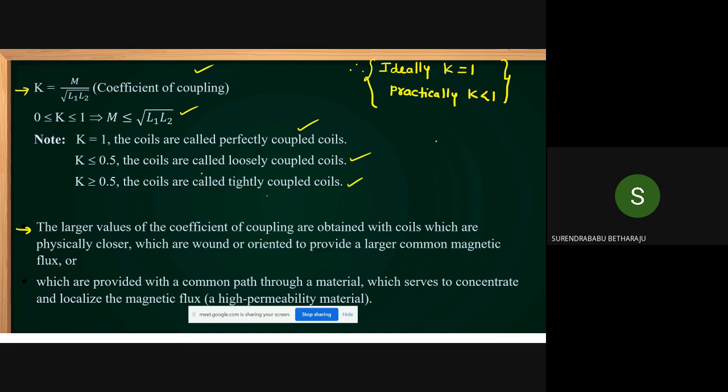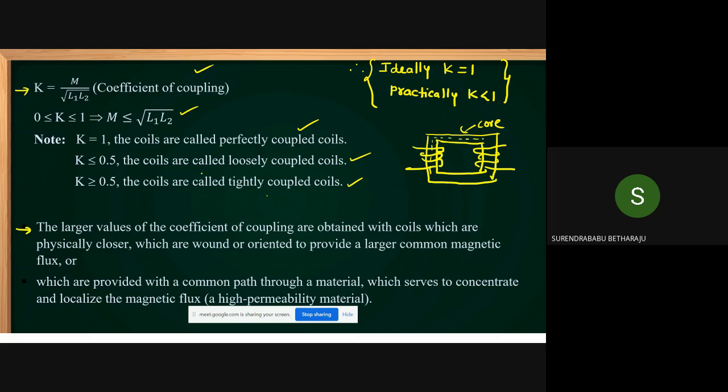For example, with respect to a transformer also, this is the core. On this core, we are placing the coils. These coils are magnetically coupled through the core. Whatever the core we are using, that core must be of high permeability to get the maximum coupling coefficient. Once this core has high permeability, it offers less reluctance.